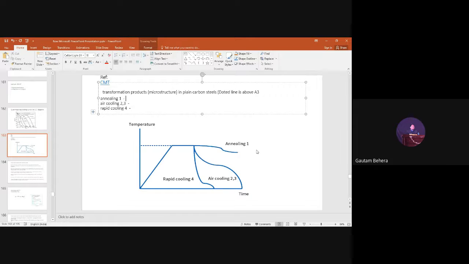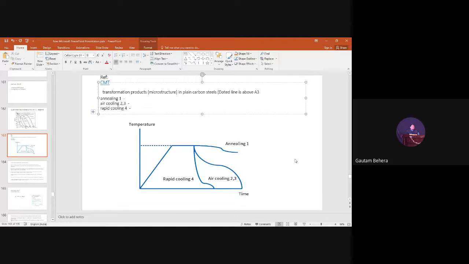Okay, Pratiksha, can you answer? What will be the product or what will be the microstructure if the cooling curve is like this and it is actually going to the room temperature finally? Pratiksha? Okay, Saloni, can you answer this one? Okay, Pratiksha is absent, I guess.